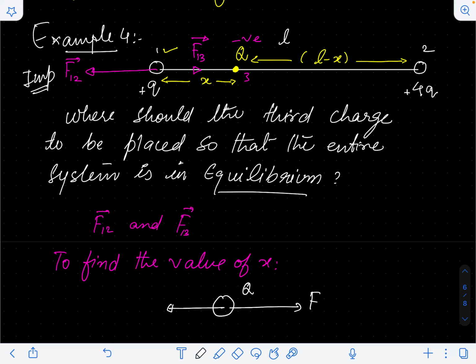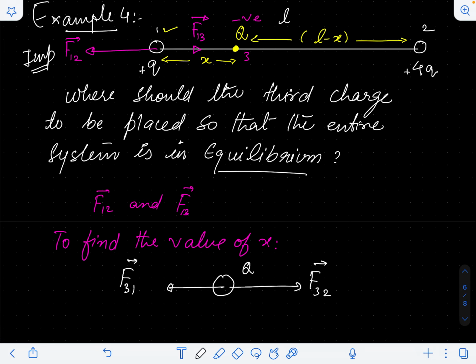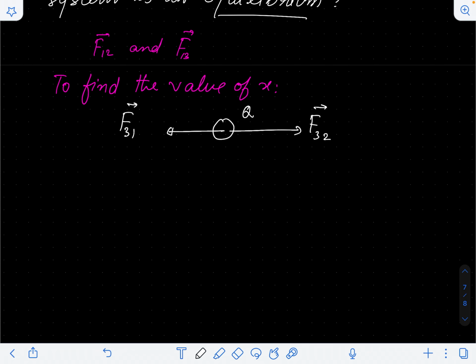So this is the force on third due to second, an attractive force. Similarly, there is a force on third due to first, also attractive. So these two forces should be equal, then only the third charge is in equilibrium.